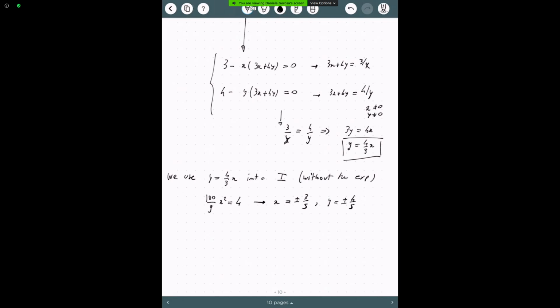So we found two critical points, that they are 3 divided by 5 and 4 divided by 5, minus 3 divided by 5 and minus 4 divided by 5.